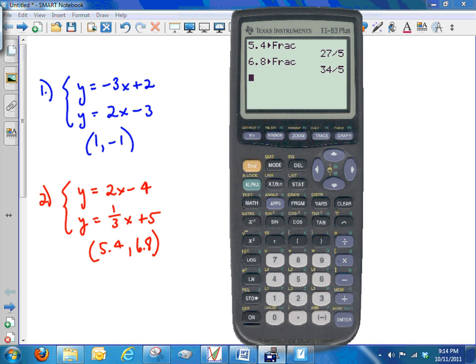So you could very easily check your answer. And if for some reason you had the improper fraction and you wanted to quickly change it to a decimal, we can have 34/5 and just press that and it'll change it to a decimal. If you wanted to force it, in the math menu you might have noticed DEC will change to decimal. Hope that's helpful.